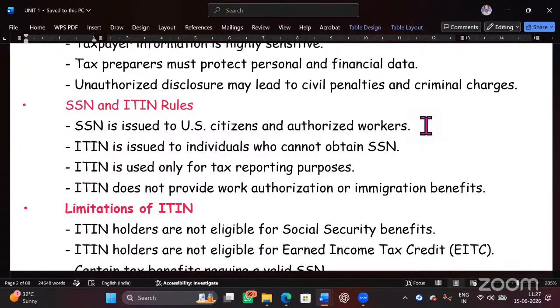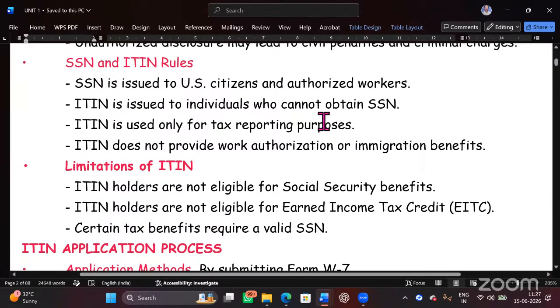Any outside of US citizens coming to US and getting the work permit through employers, those people are getting the social security numbers. So, it is issued to US citizens and authorized workers, even though these people are not citizens of US.